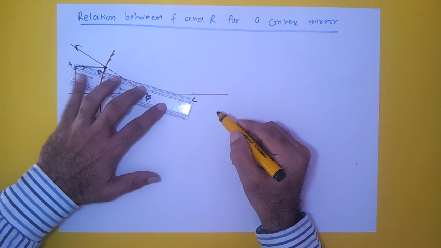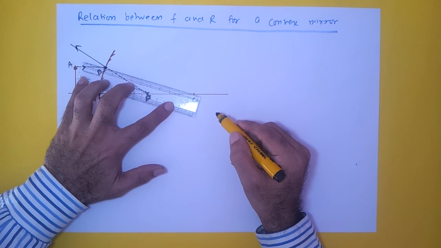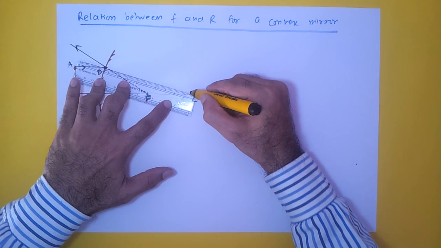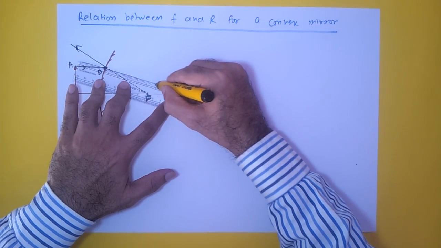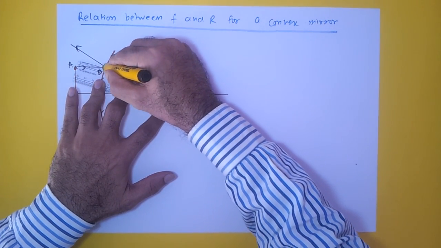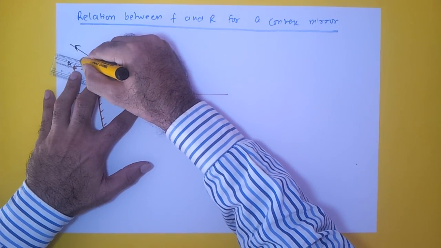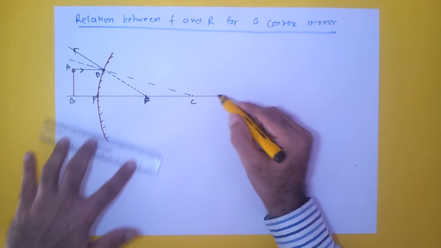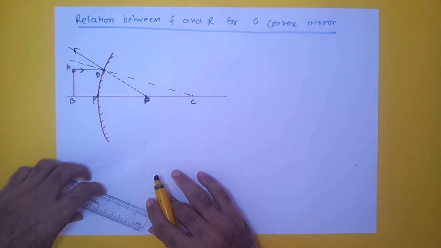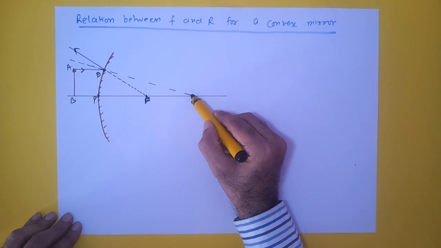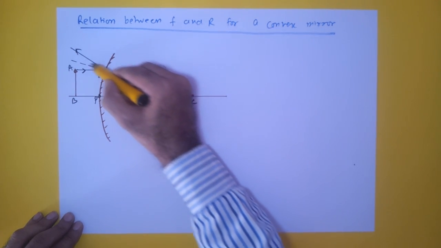As we did in the previous case, let us draw an imaginary line from the center of curvature passing through this point. As we discussed just a few minutes back, the line joining the center of curvature to the mirror is normal.